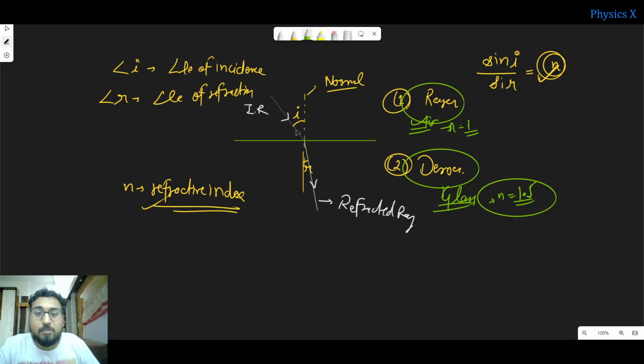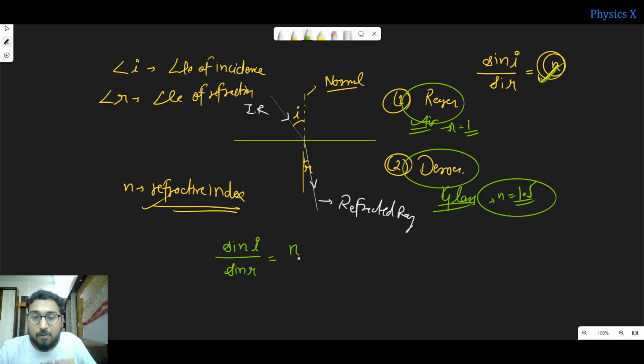And always understand that rarer and denser are comparative. On a comparative basis, we mark a medium as rarer or denser. So this refractive index is also calculated with respect to some other medium. In this case I am calling sine of I upon sine of R as n, which is the refractive index.